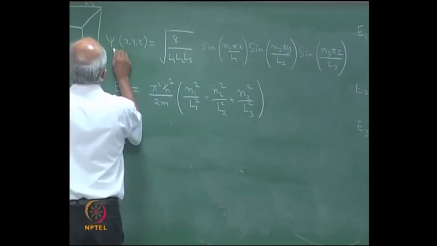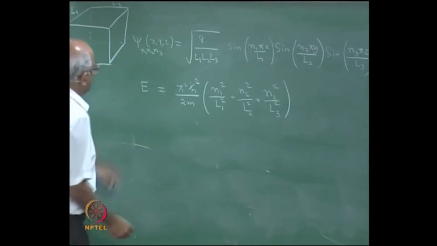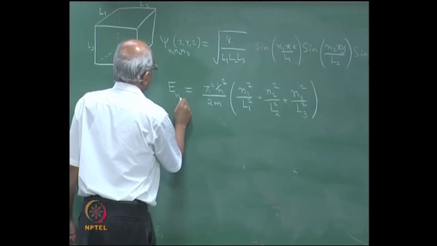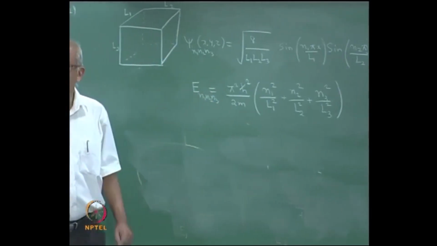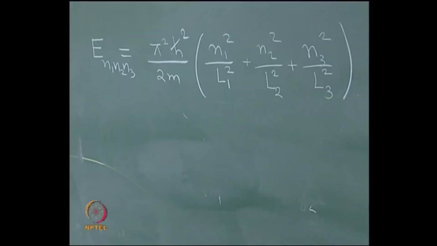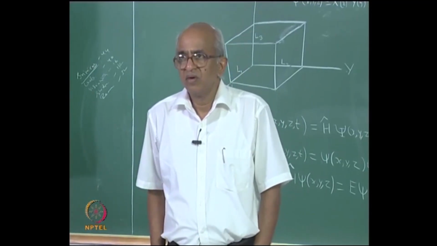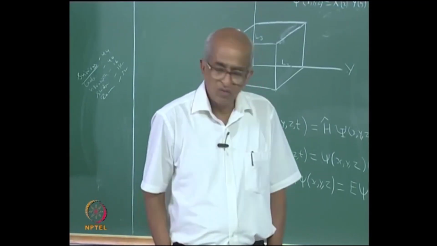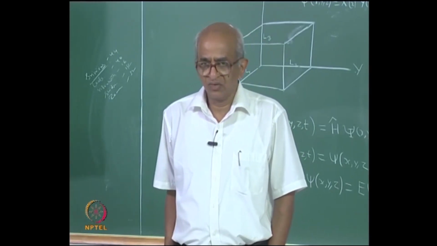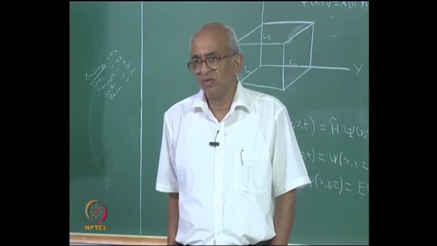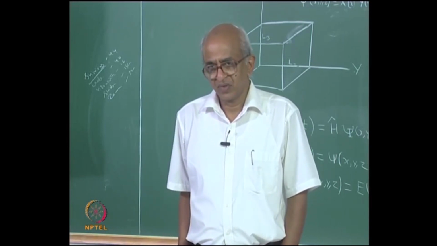So, I am going to put n1, n2, n3 here, and the energy also depends upon exactly these 3 numbers. So, E is dependent upon n1, n2, n3. Okay. What is the lowest possible state of the system? It is clear that you will get that by putting n1 equal to 1, n2 equal to 1 and n3 equal to 1, correct.